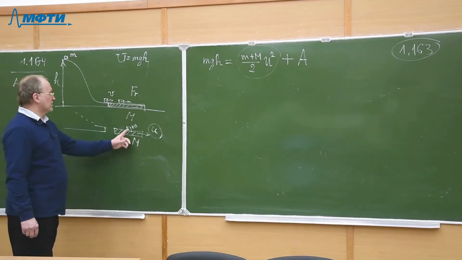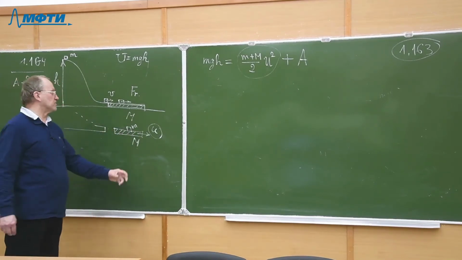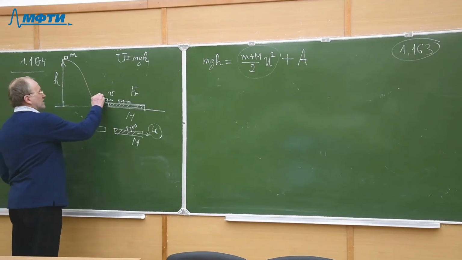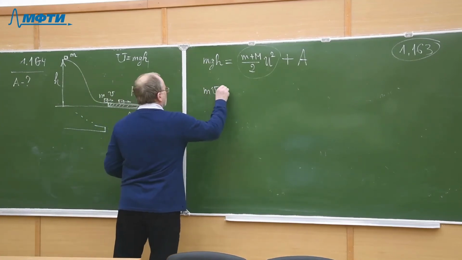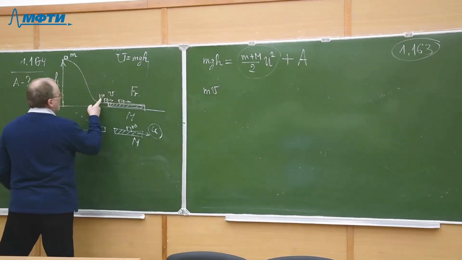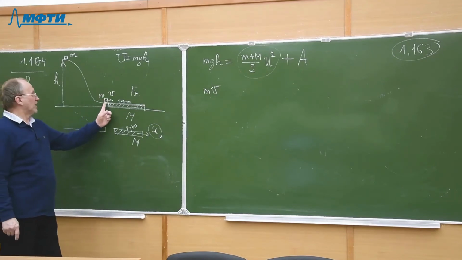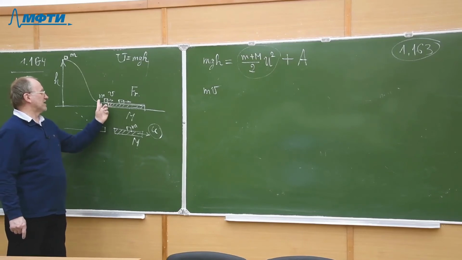And this velocity can be found from the law of conservation of momentum, because if we know the initial velocity v and the mass, then the momentum of this system will be mv, the momentum of this disk before it enters the surface of the plank.